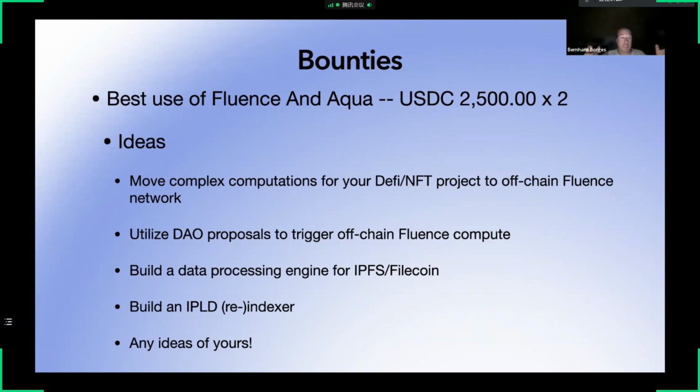Another really cool project would be to use DAO proposals to trigger off-chain compute. If you create a DAO proposal, you can literally attach IPFS-saved compiled Aqua scripts to the proposal, so that if your proposal gets accepted, you can immediately launch the execution of some off-chain compute associated with the proposal, whatever it is.